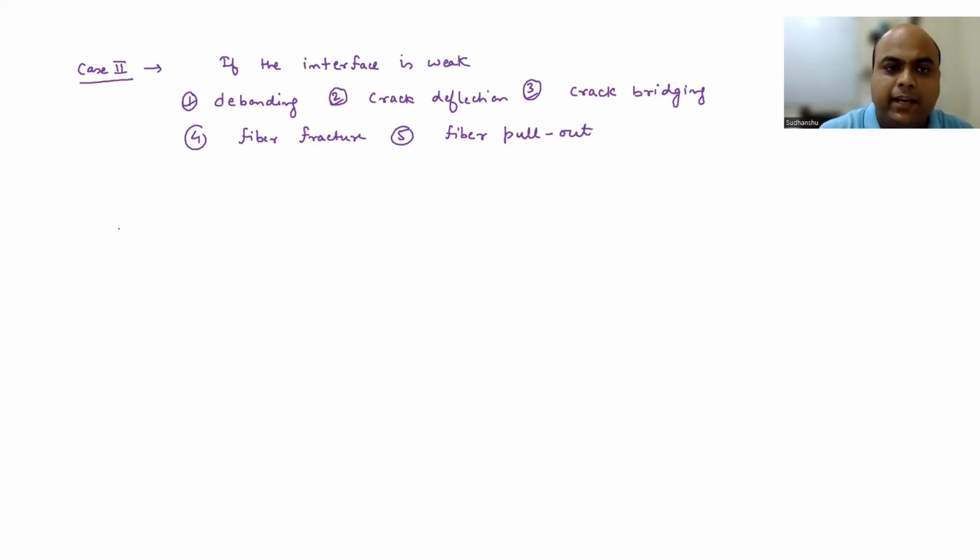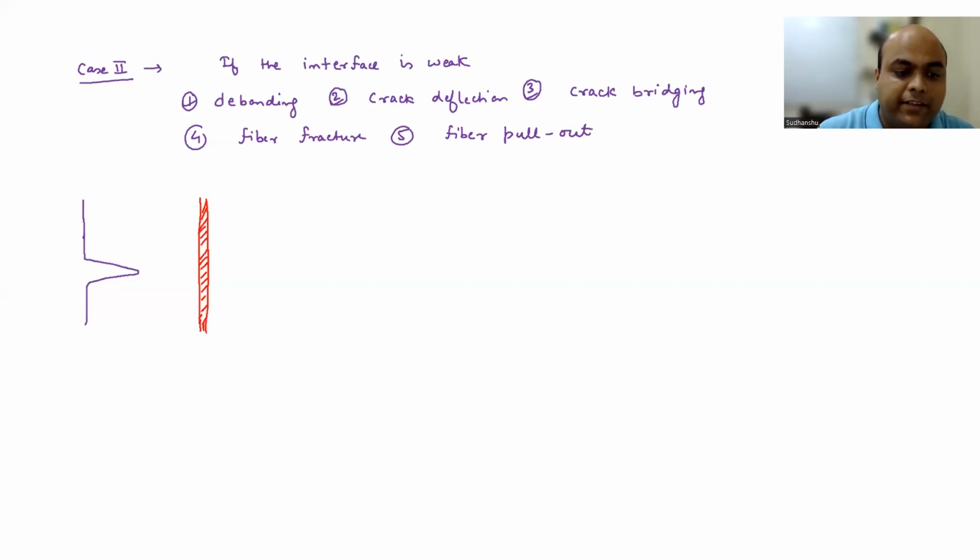So let me explain these phenomena. So you have a crack. And then say you have a fiber here. So this is a fiber in the composite. And the crack is approaching towards the fiber. We know that in front of the crack tip, we are going to have higher stress concentration.